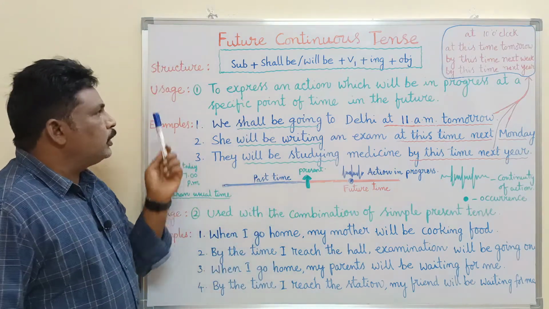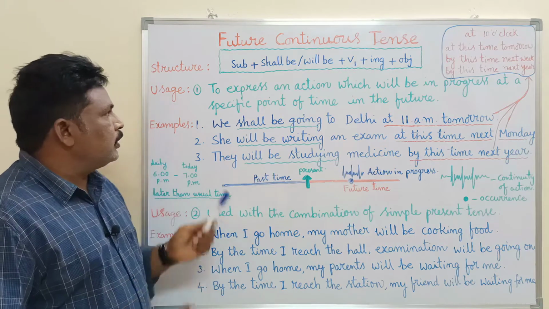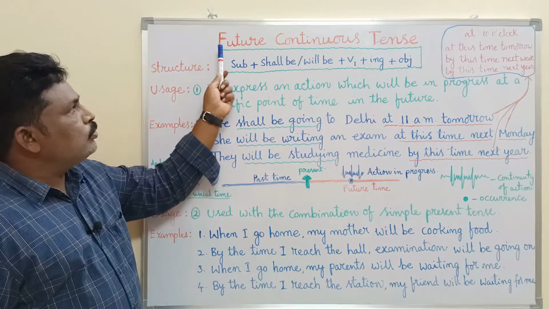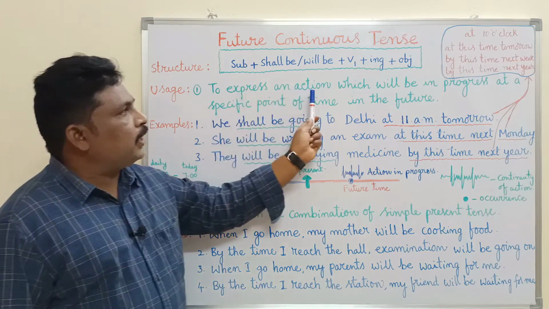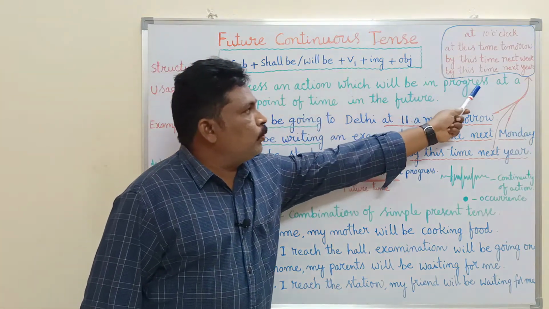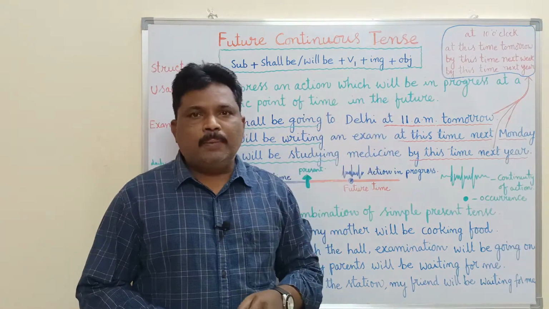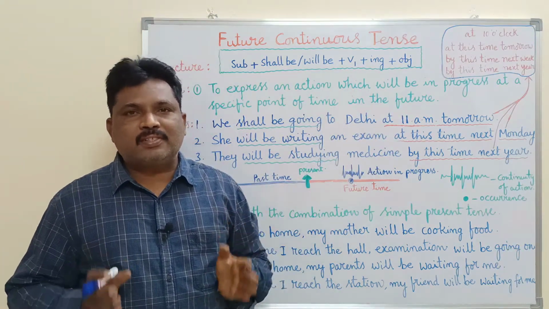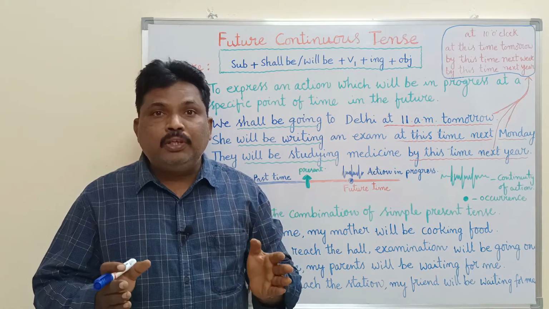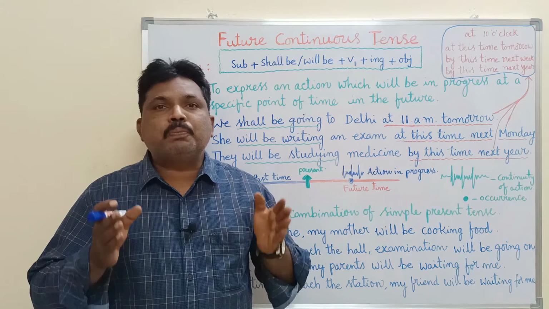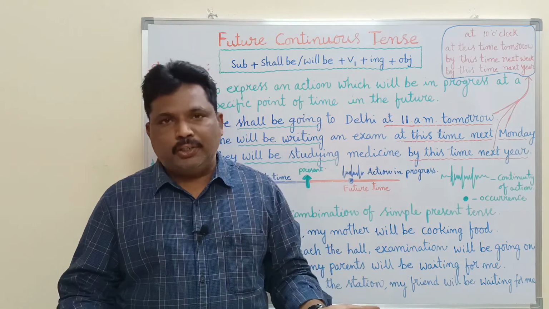Now coming to the usage. What is the usage of future continuous tense? Look at this usage. Future continuous tense is used to express an action which will be in progress at a specific point of time in the future. This is very simple to understand. If an action is said to be in progress at a specific point of time in future, it is future continuous tense.